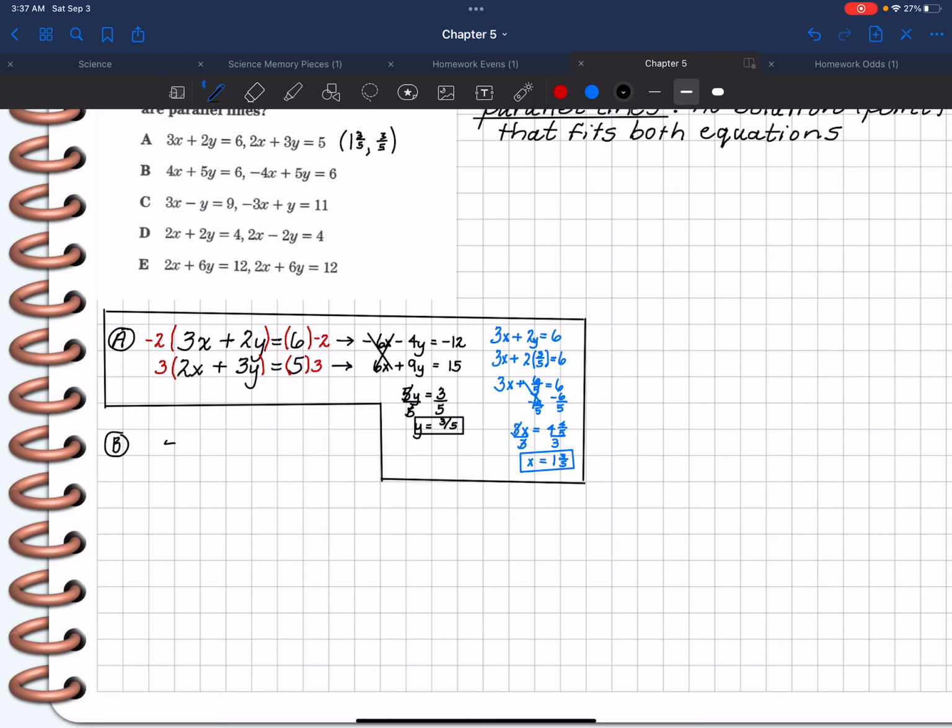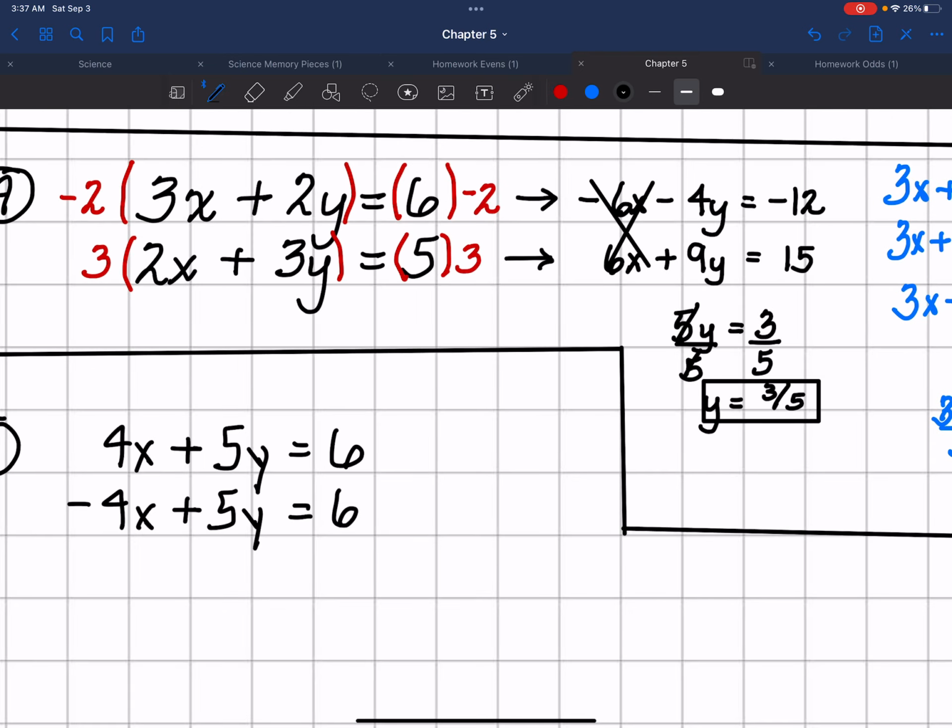So we have 4x plus 5y is 6. Negative 4x plus 5y is 6. They were nice to me this time because those x terms are already going to cancel. I didn't have to work for that. So I'm left with 10y is 12.